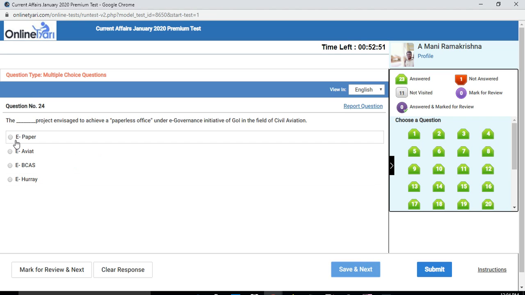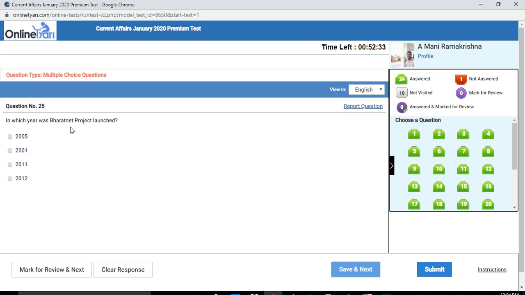Project to achieve the paperless office. BharatNet project launched. Don't know the right answers.